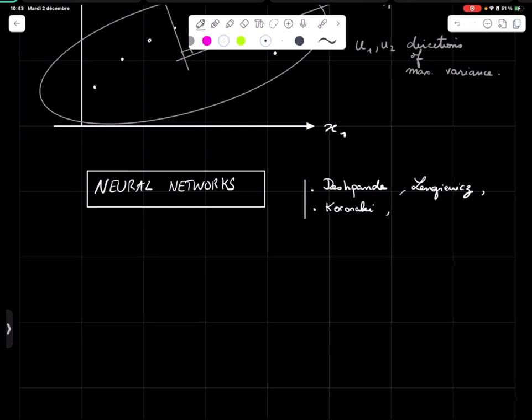And you can, in fact, use neural networks as nonlinear maps to represent manifolds.